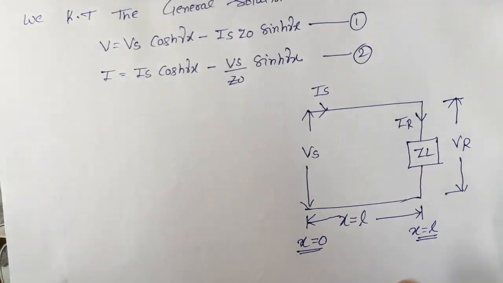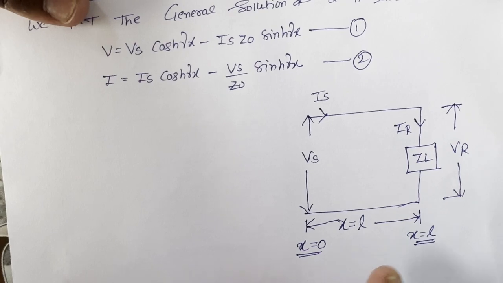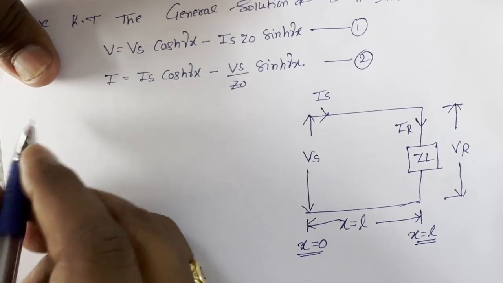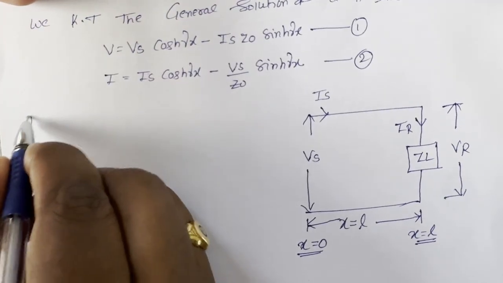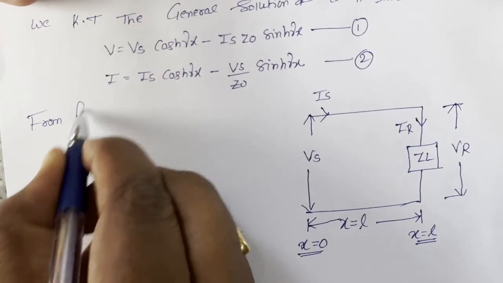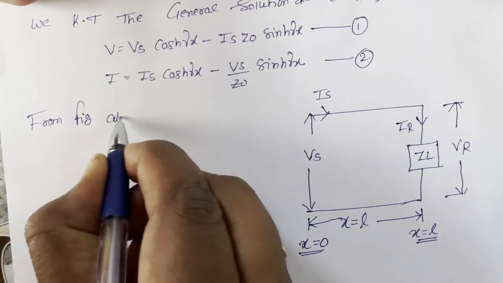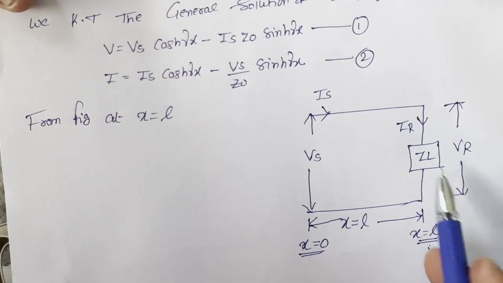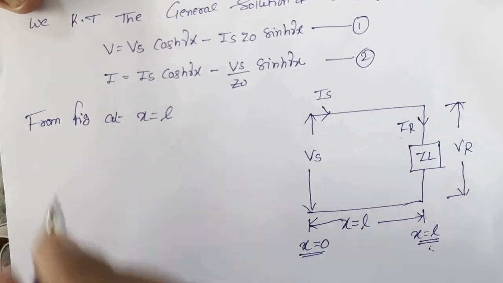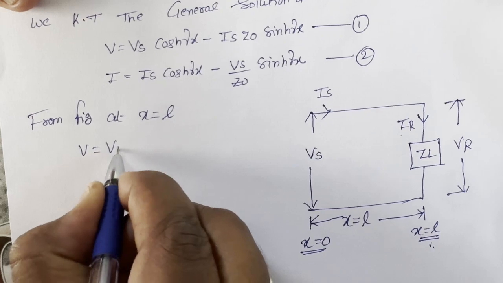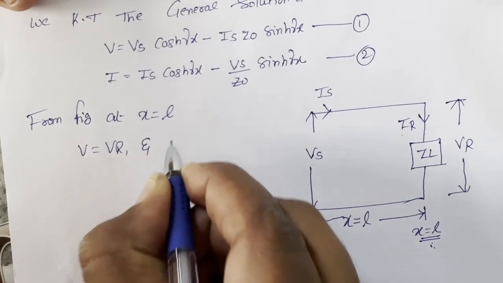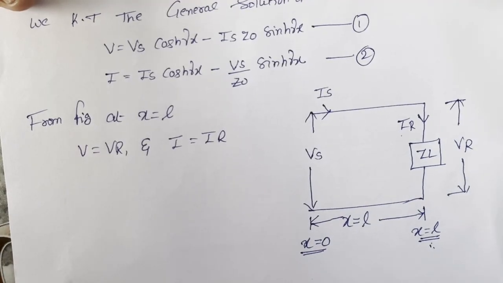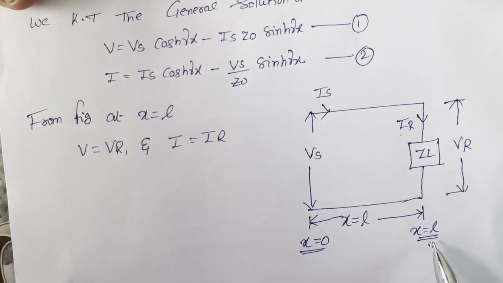From the figure, at x equal to L, that means at this point, the voltage and current are V equal to Vr and I equal to IR.